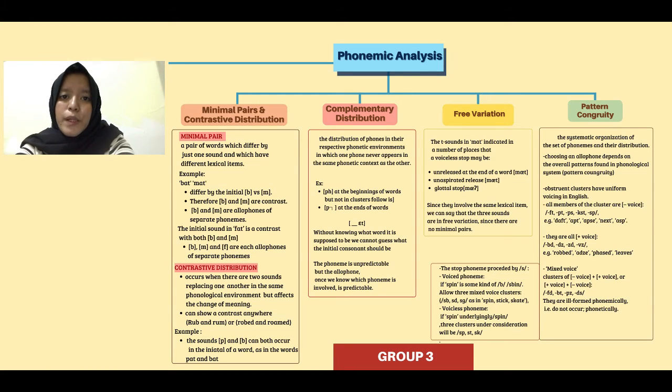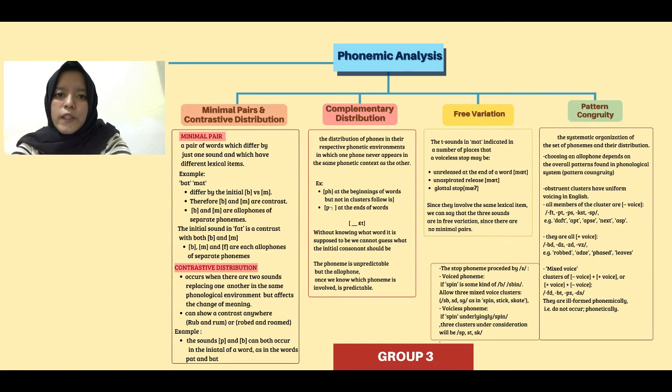If we compare bad and mad, we know as speakers of English that they are two different lexical items, and we can see that they differ by one sound, the initial b and m. Therefore, we can say that b and m are in contrast. On the basis of the contrast, we can suggest that b and m are allophones of separate phonemes.